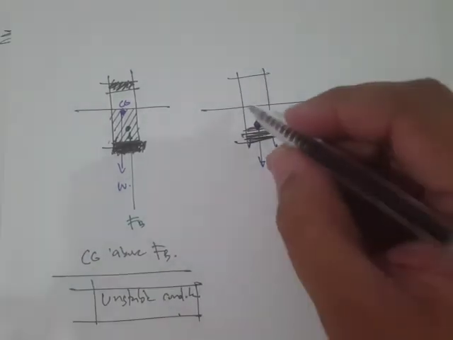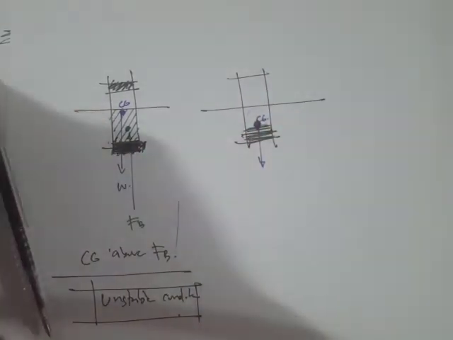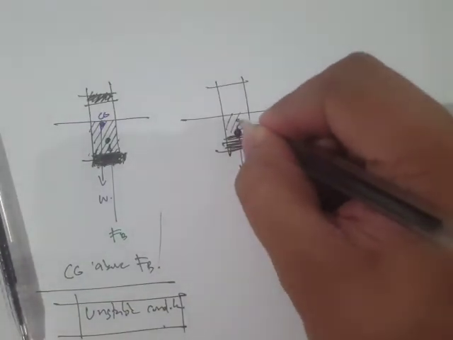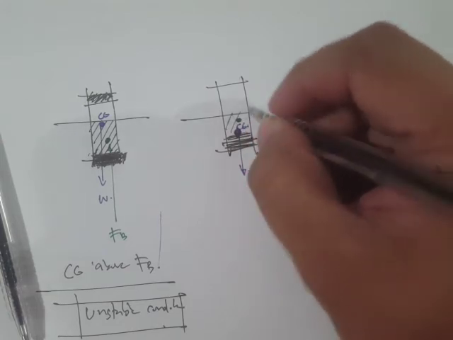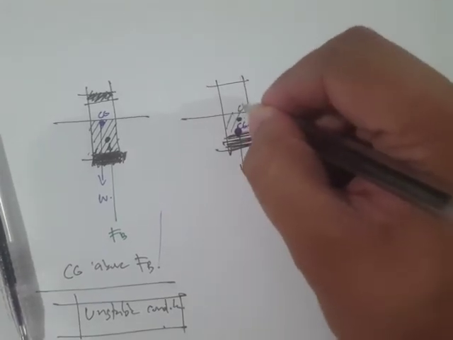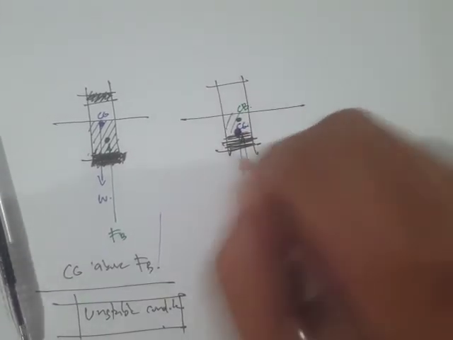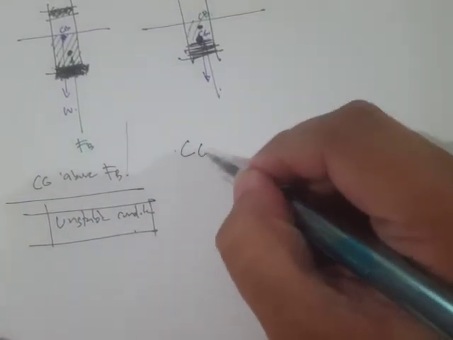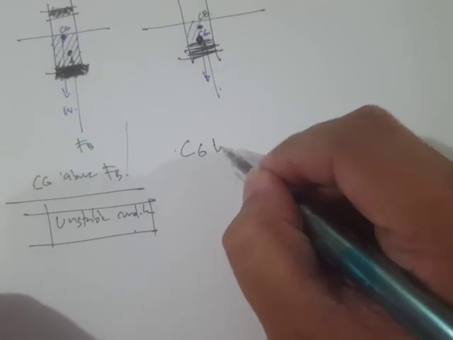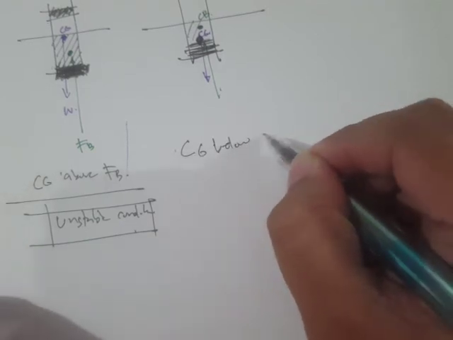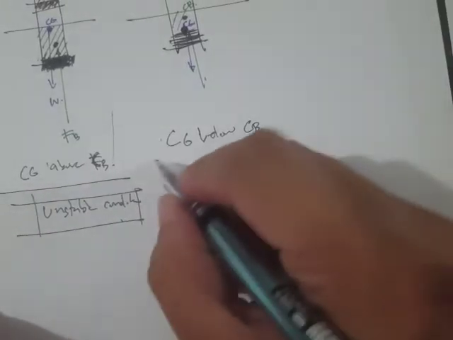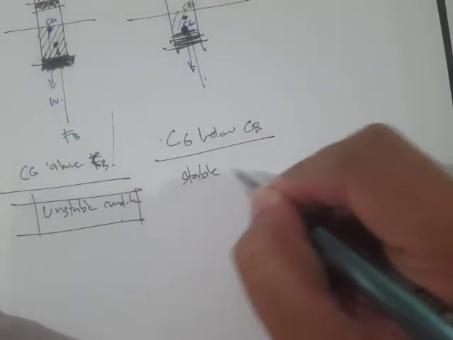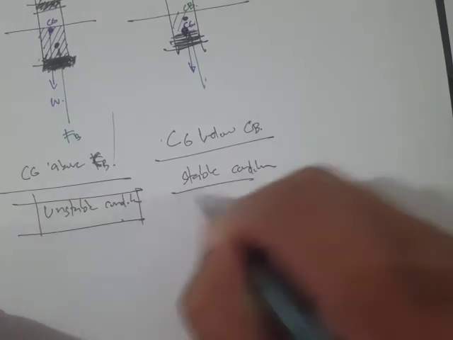Since this is the displaced volume, somewhere right here, let's say, is our center of buoyancy, C sub B. Now, if our CG is below the C sub B, then we have a stable condition.